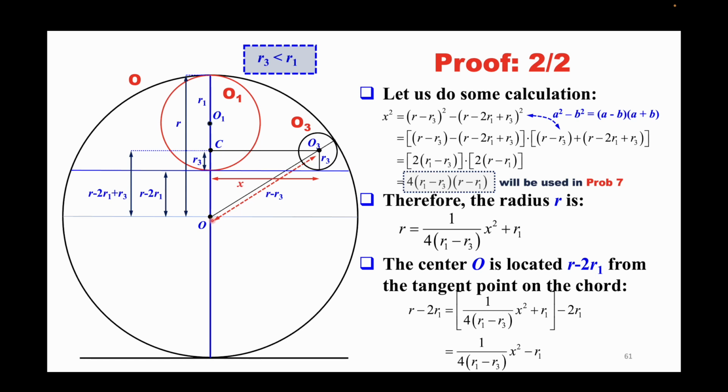Now, center O is located R minus 2R1 from the tangent point on the chord. So this distance is calculated as R minus 2R1. So we have this. So the location of O is fully determined.